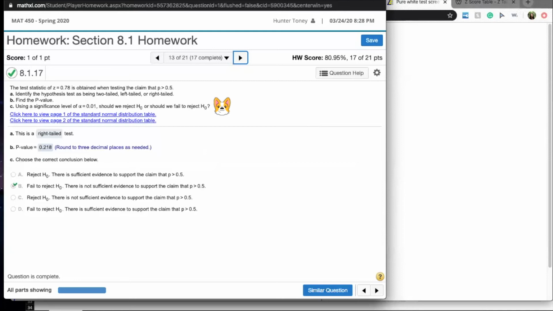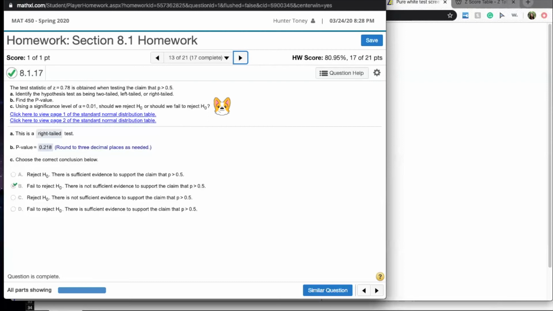All right, so we know this one is right-tailed because we have our p is greater than, and it is pointing towards the right. So that part's okay, and we can move on to our p-value.